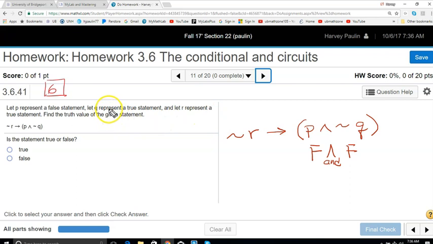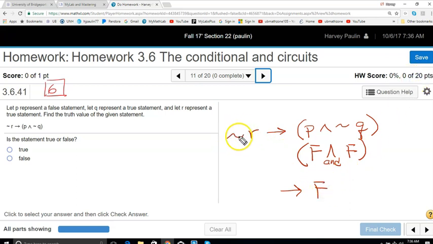So once again, Q represents a true statement. So the negation of true gives you false. So now keep this in mind, that false and false in the and caret combination is false. So we know our consequent is false.